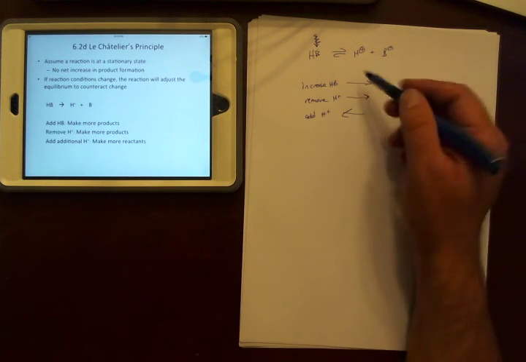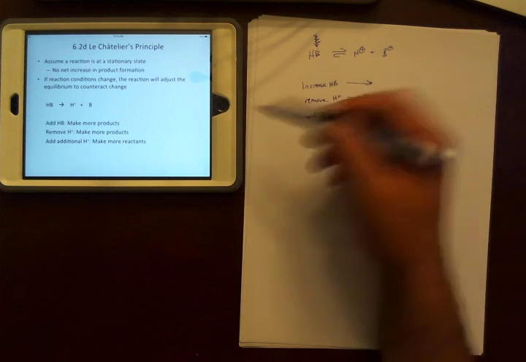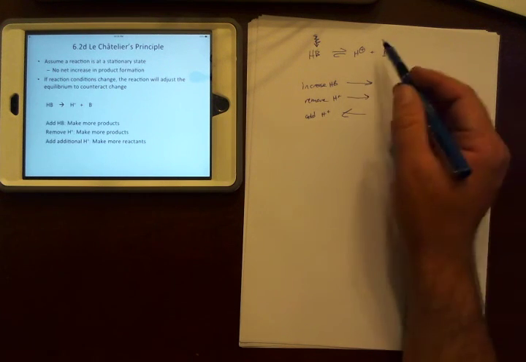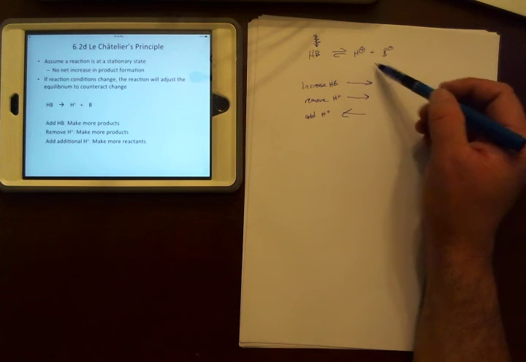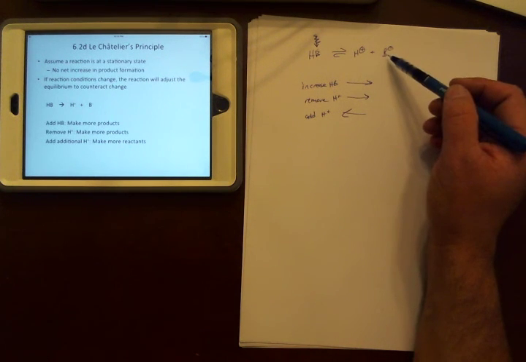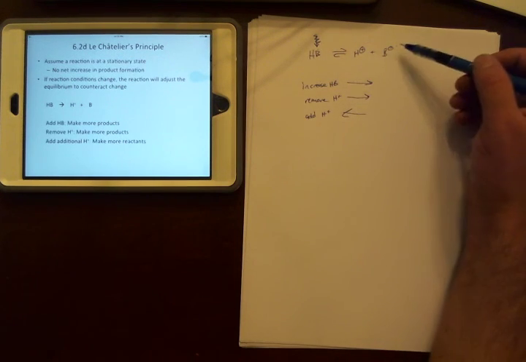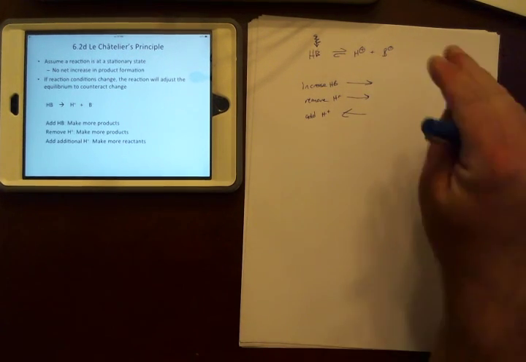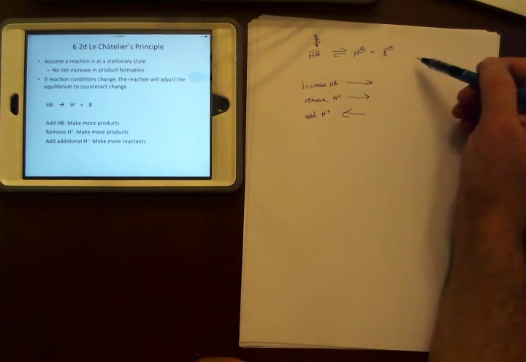So wherever the stress is, either adding or removing it is going to push the system one way or the other. One of the tricks for reaction engineering is to make one of the products a gas. Even if the reaction is sluggish, the gas is always going to boil out or bubble out, and then the system will realize we don't have any of this stuff left, so let's push it some more.